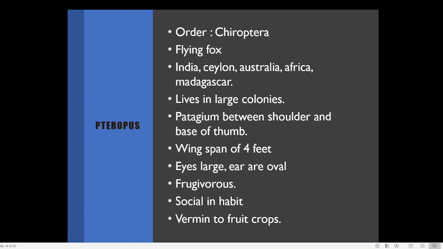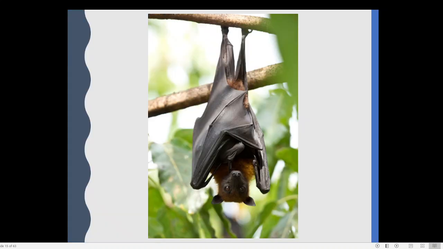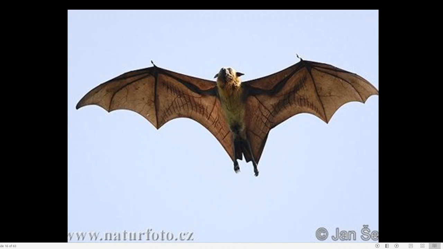Then they have a patagium. What is patagium? Here you can see this structure is known as the patagium. The patagium is an extension of skin. The skin here is expanded and the fingers are very long, and between the fingers there is an extension of skin, and that is acting as a kite.